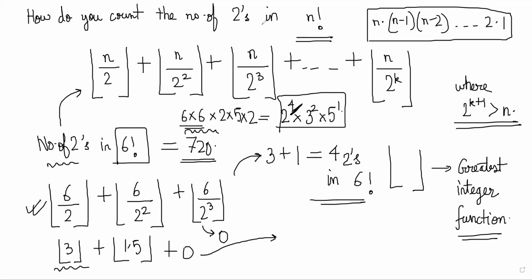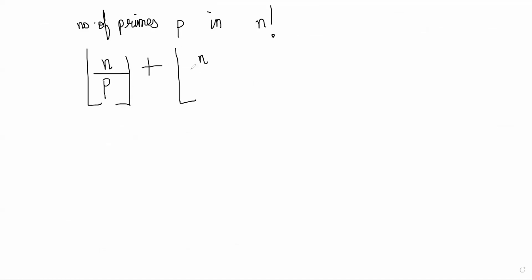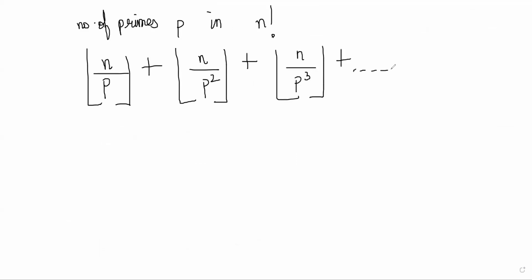How do you count the number of twos in n factorial? So this is the expression. This can be generalized also. Count the number of primes p in n factorial. The general expression is n by p floor plus n by p square plus n by p cube and so on till n by p power k, where p power k plus 1 should be bigger than n.